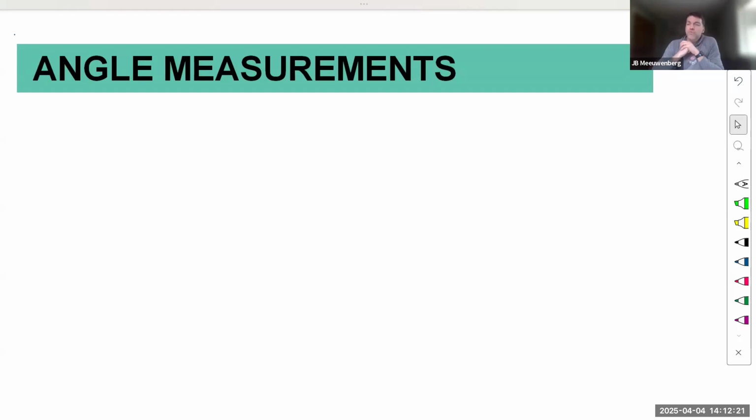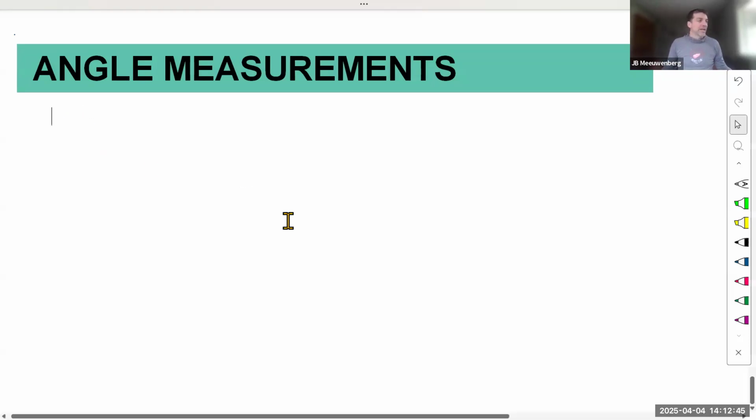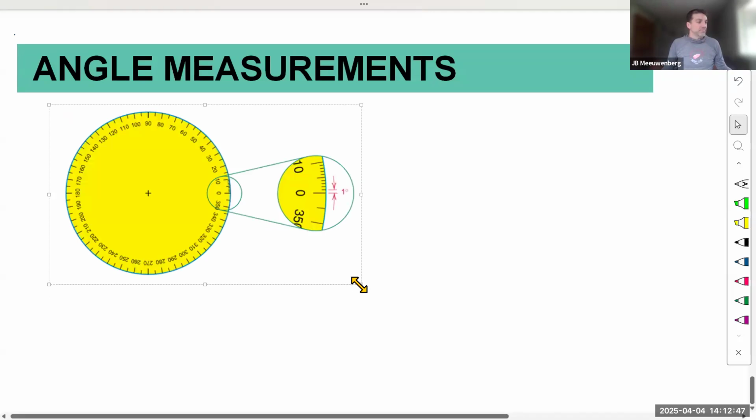I'm curious if you recall what the base system used in the Babylonian numeration system was. It was base 60. And we still utilize base 60 in a lot of the things we do today, particularly in geometry. And so we're going to talk about angle measurements now.